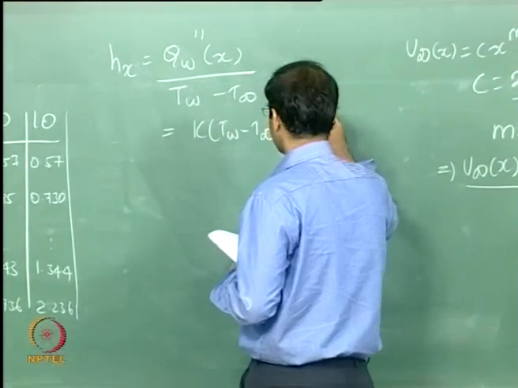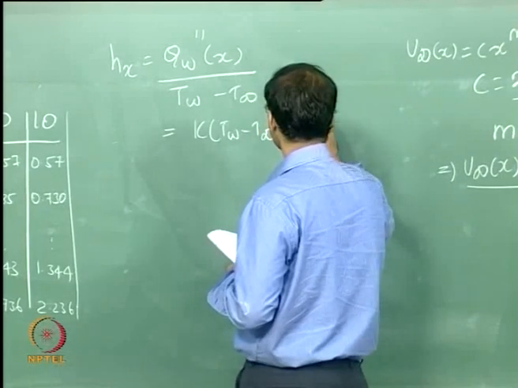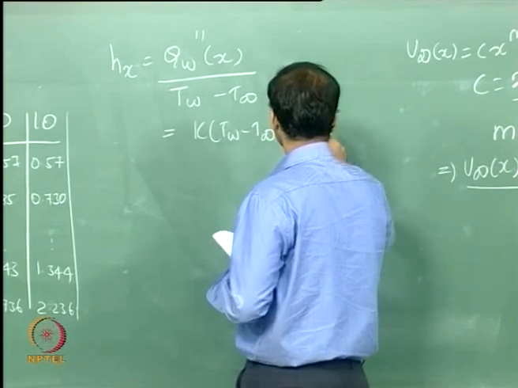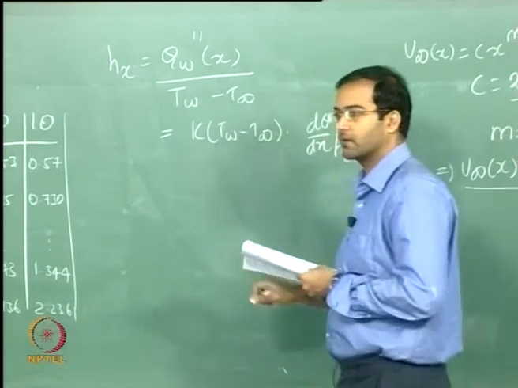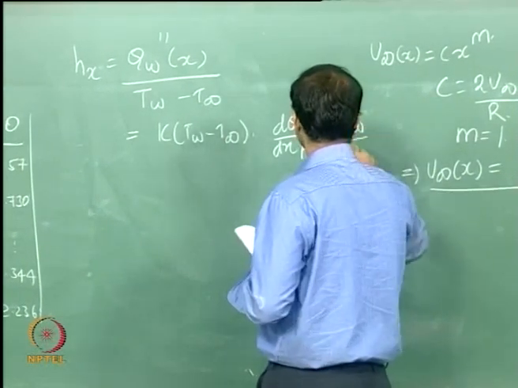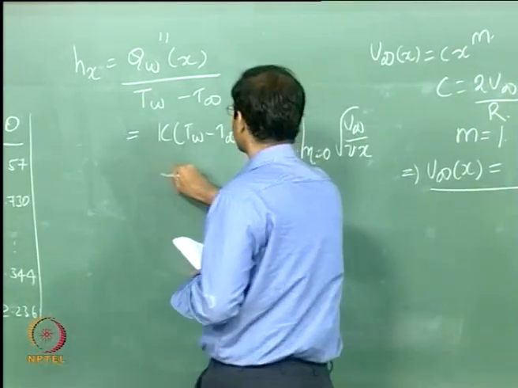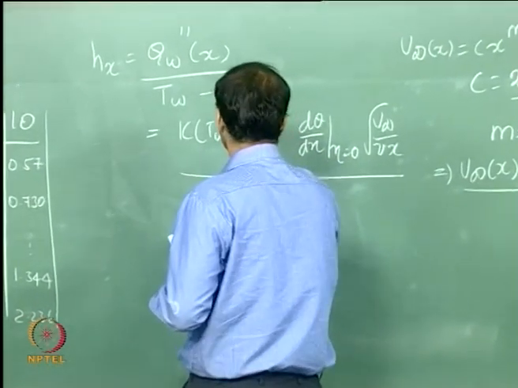You can write your dT by dy as d theta by d eta at eta equal to 0 into d eta by dy, which is nothing but square root of u infinity by nu x, divided by T wall minus T infinity.